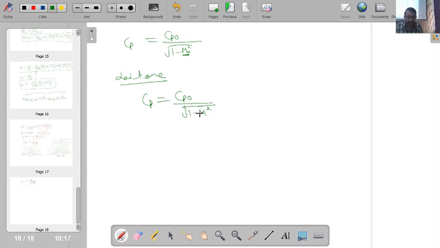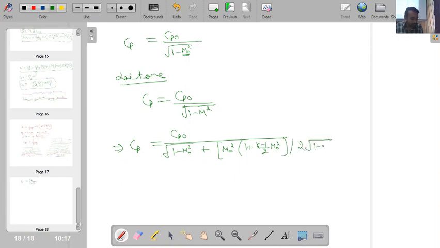Okay, and for an isentropic flow situation, when the relationship between M and M infinity is obtained, then this relation can be given as Cp equal to Cp naught by square root of 1 minus M infinity square plus M infinity square into 1 plus (gamma minus 1) by 2 M infinity square divided by 2 square root of 1 minus M infinity square, times Cp naught.